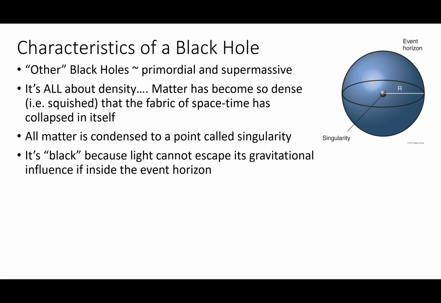And here's the deal. The event horizon, whether it's a stellar black hole or a supermassive black hole in the center of the Milky Way galaxy, is a do not cross this or you're screwed sort of thing. So if you're inside the event horizon, you cannot escape, even if you're going the speed of light. If you're outside the event horizon, you have a fighting chance.